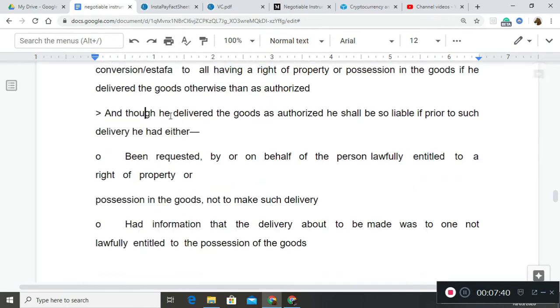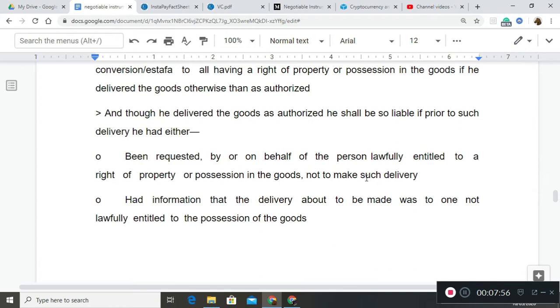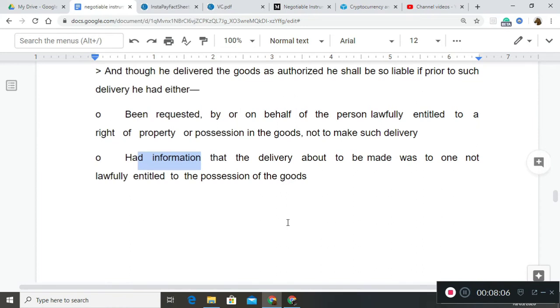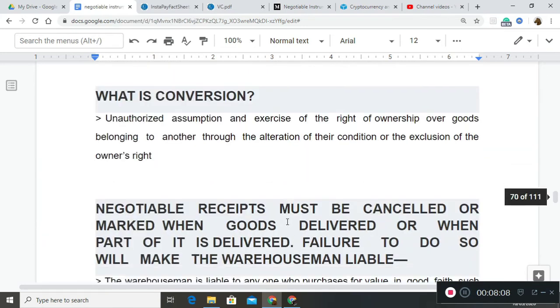And although he delivered the goods as authorized, he shall also be liable if prior to such delivery he had either been requested by or on behalf of the person lawfully entitled to the possession of the goods to not make such delivery, or had information that delivery was about to be made to a person not lawfully entitled to the possession of the goods.